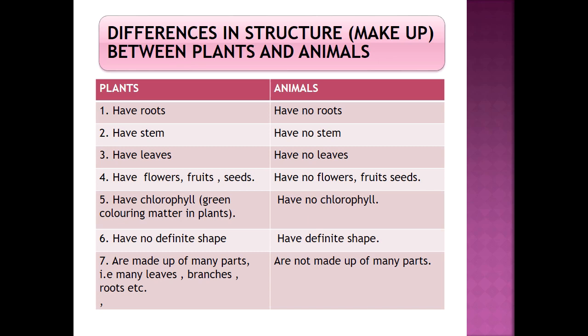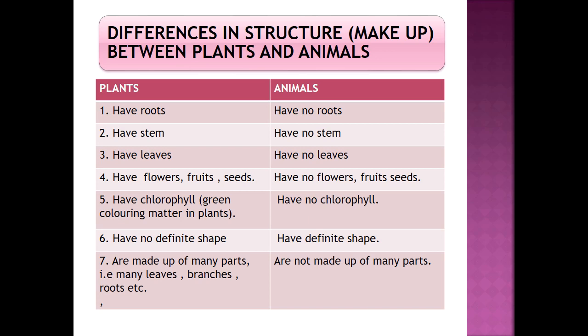Number two, plants have stem. Animals have no stem. Number three, plants have leaves. Animals have no leaves. Number four, plants have flowers, fruits, and seeds. In plants you see flowers, you see fruits, and you see seeds, while animals have no flowers, fruits, and seeds.